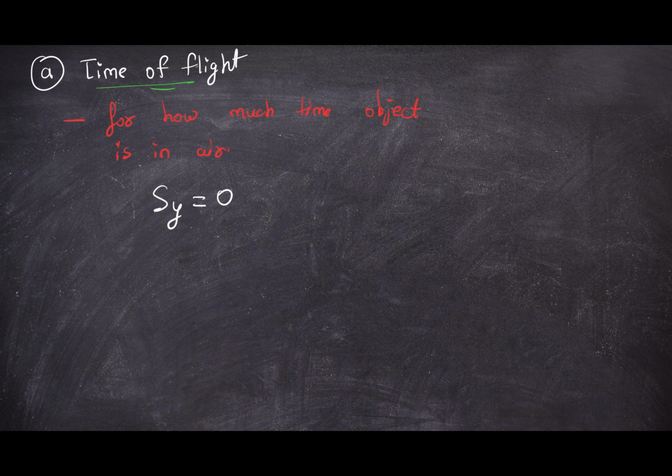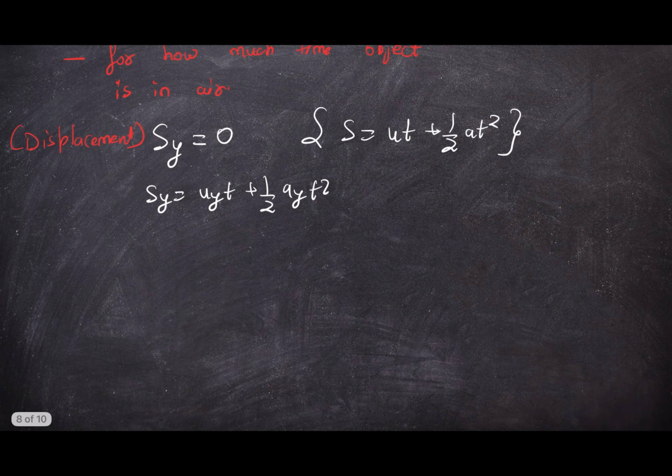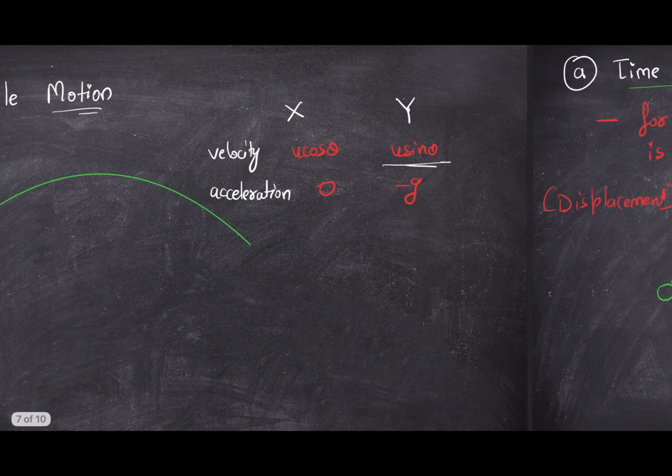So I can write that displacement in y is 0. According to Newton's second equation of motion, s is equal to ut plus half at square. I will apply along y. So sy is equal to uyt plus half ay t square, isn't it? And sy is 0, because finally displacement is 0. Along y, what was the velocity? u sin theta.